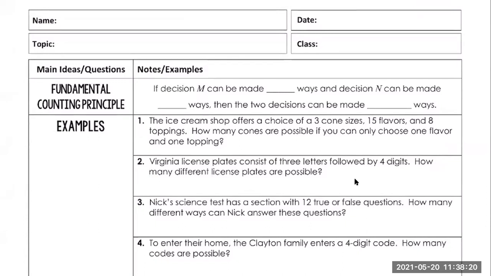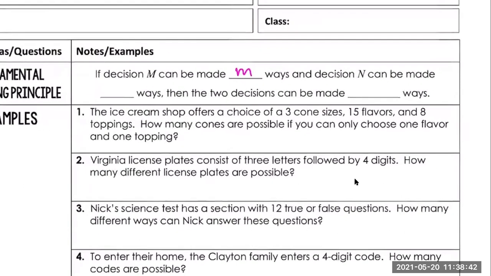So for example, if decision M is like the example we used with sandwiches, the number of options for bread, and N represented the number of options for meat, then the total number of options of sandwiches made is just the product of the two. So if decision M can be made in M number of ways, and decision N can be made in N number of ways, we saw that the shortcut was just simply to multiply the two together.